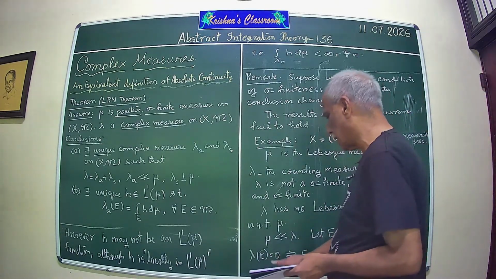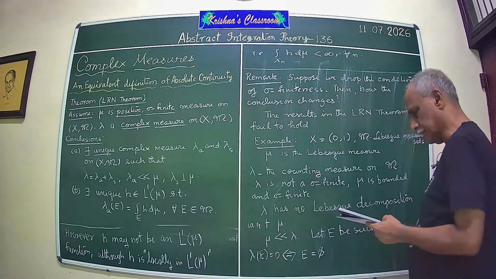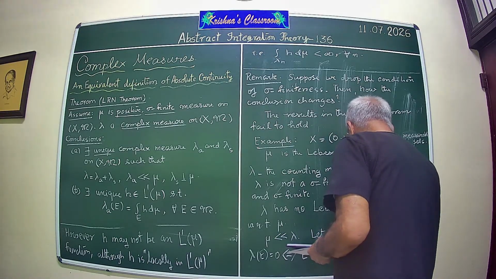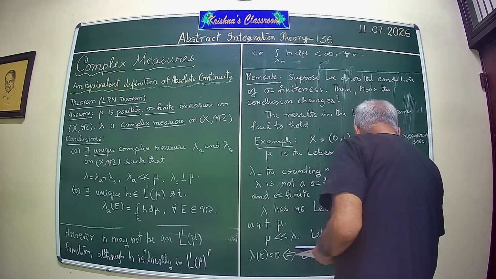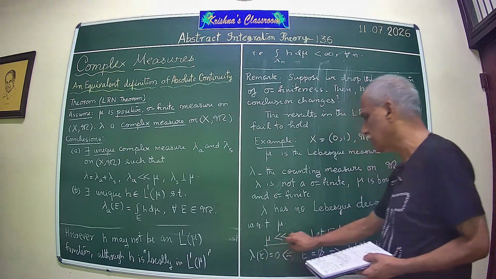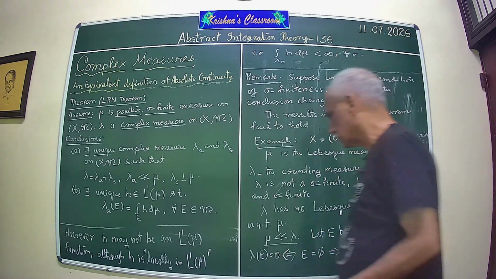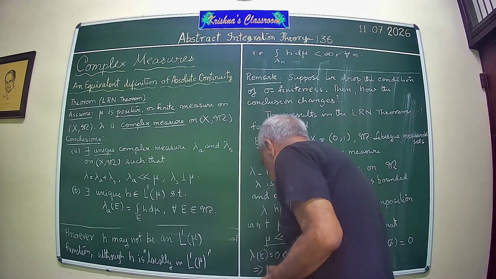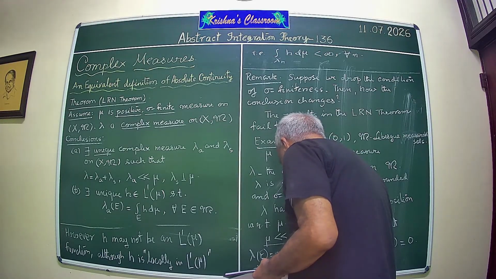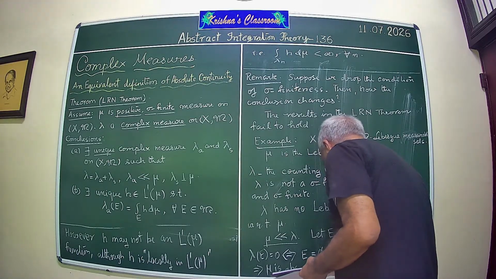Therefore, you see this condition that lambda E equal to 0 if and only if E is the empty set, which implies mu of E is equal to 0. Therefore, this absolute continuity is satisfied. Mu is absolutely continuous with respect to lambda.